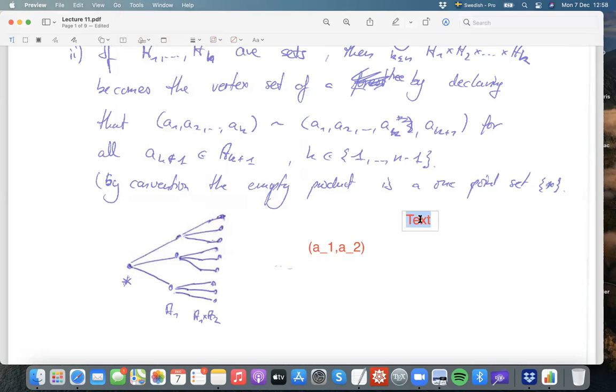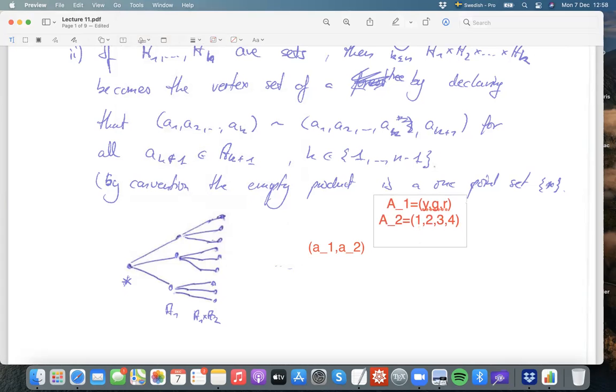Say A1 is yellow, green, red, and A2 is 1, 2, 3, 4.